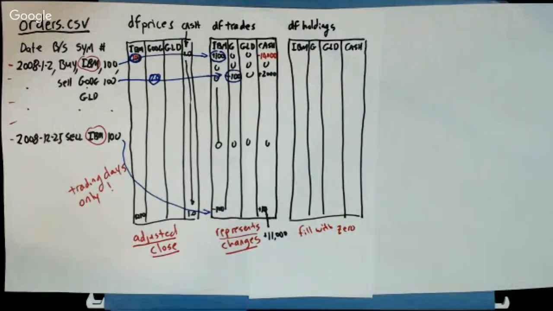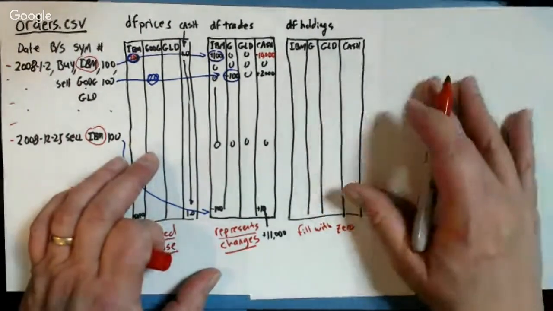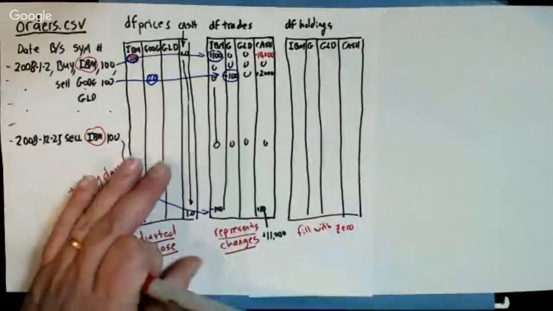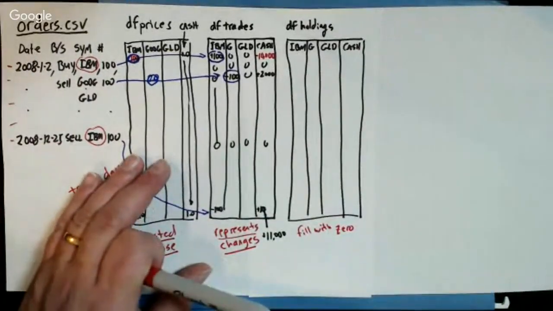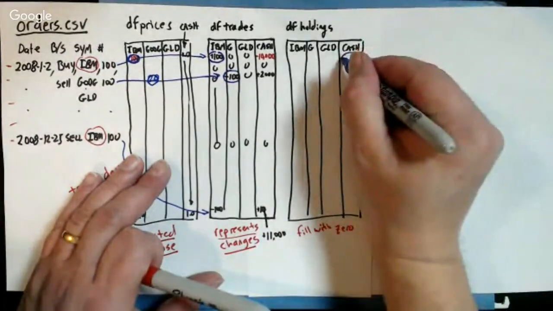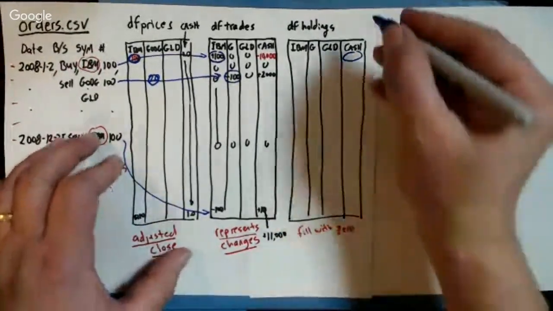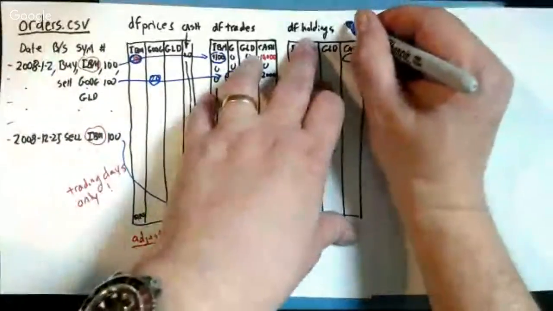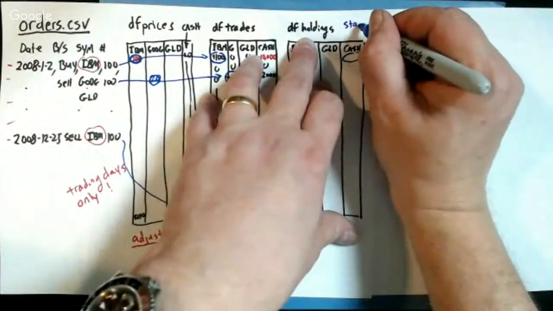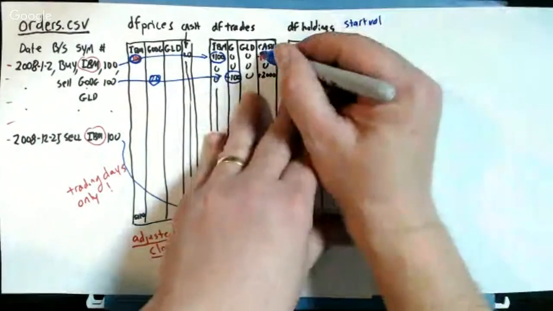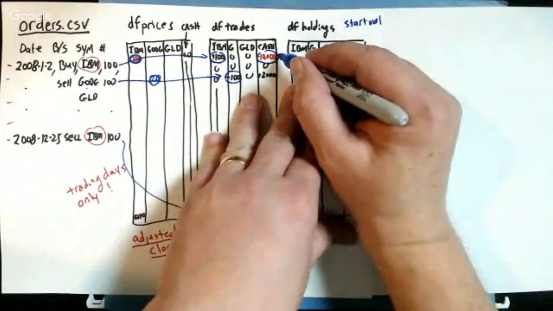One column is special, and that is the cash column. And what we want to put in this very first position is what was our starting value. Remember the starting value of our portfolio, plus how much cash we gained or lost on that first day.